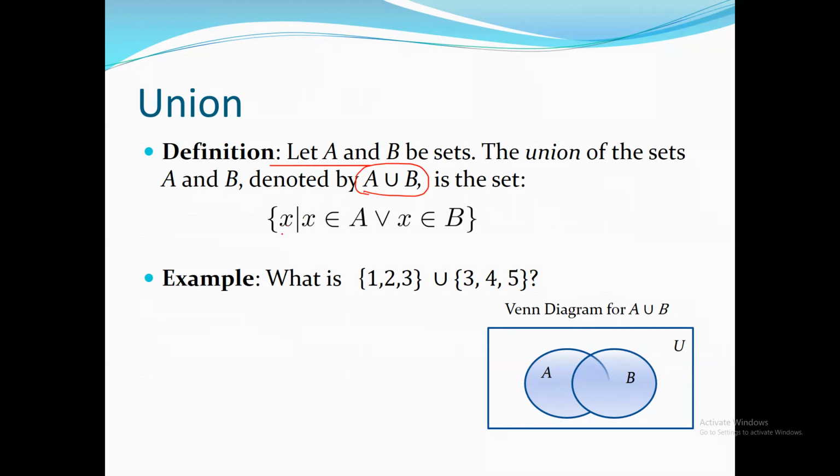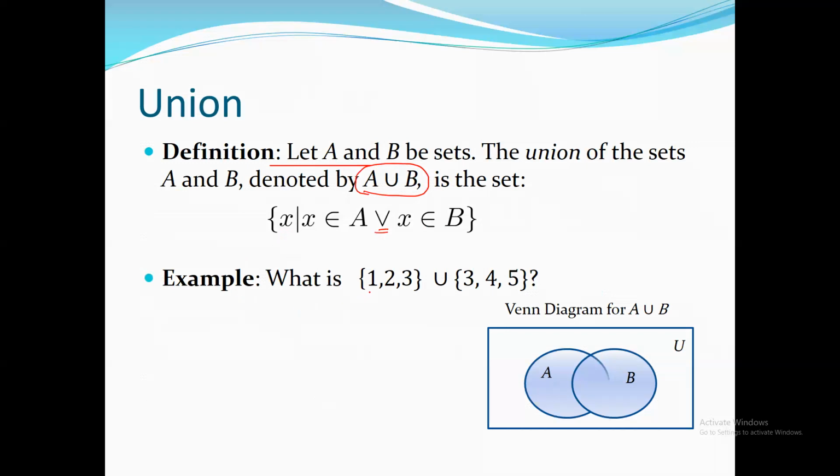It is all the elements X such that X belongs to A or X belongs to B. Here you can see this is the logical OR that we discussed in the propositional calculus, right? So we need to choose all the X elements from A and B such that X belongs to A or X belongs to B. It doesn't matter if it belongs to either A or B or both. So we choose all the elements and we make a set of that.